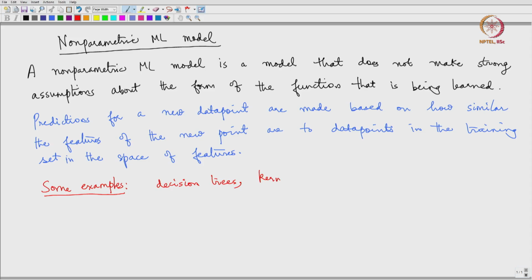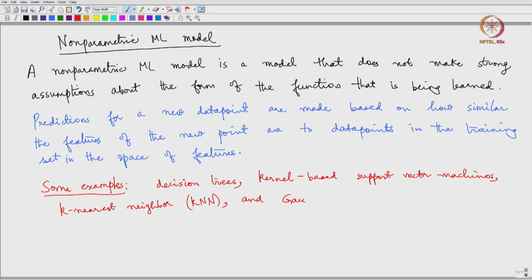Then you have kernel based support vector machines, because the kernel function can be arbitrary, you can use any type of kernel. Then k nearest neighbor, a model wherein predictions are based on the nearby points in the data set, and this is something we do not have the time to cover in this course, but it is a widely used model. And you also have Gaussian process regression, which we are going to study today.